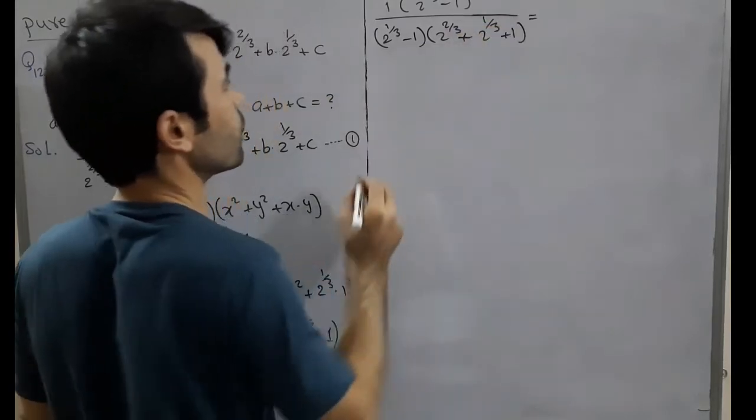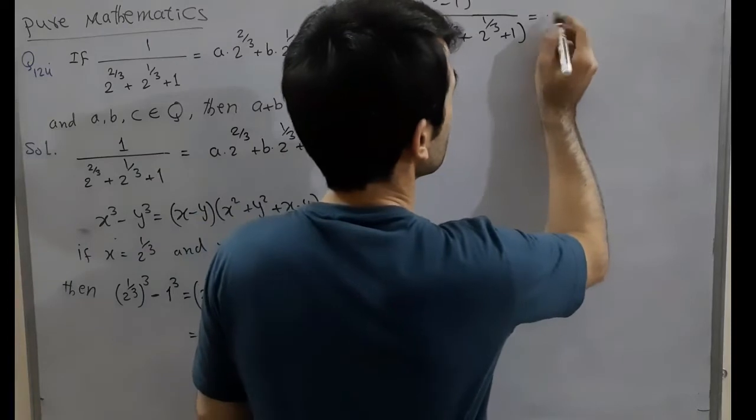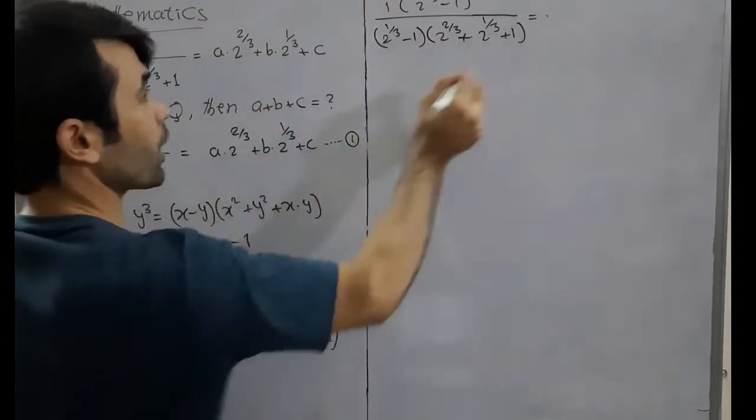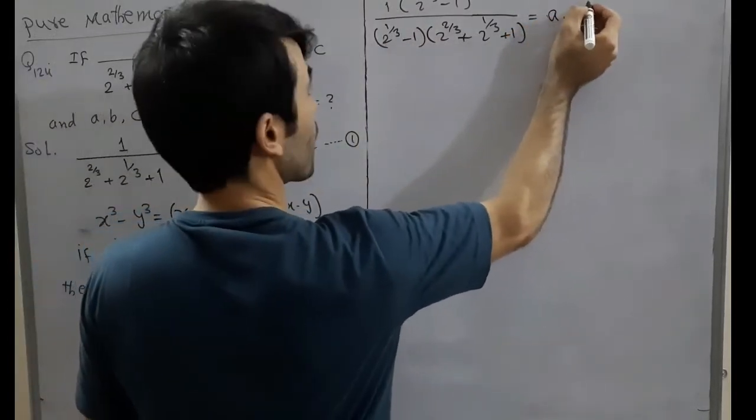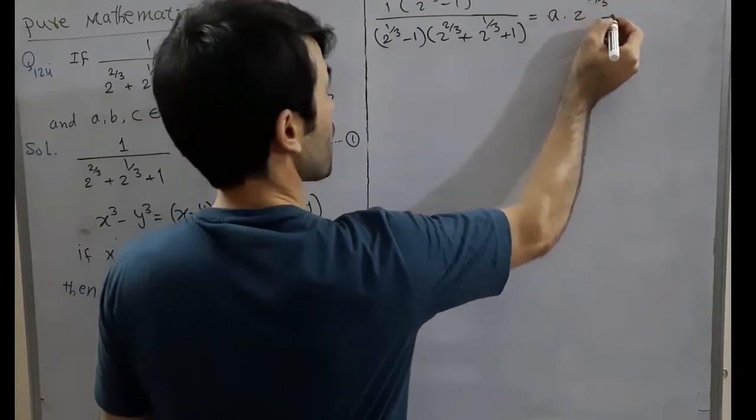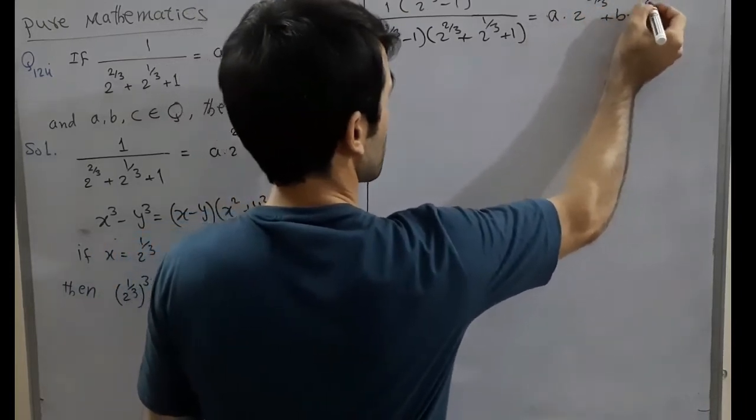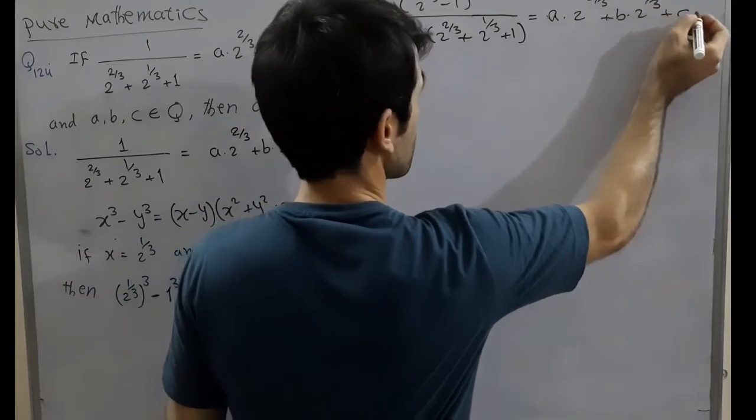It is equal to a times 2 to the power 2 over 3 plus b times 2 to the power 1 over 3 plus c.